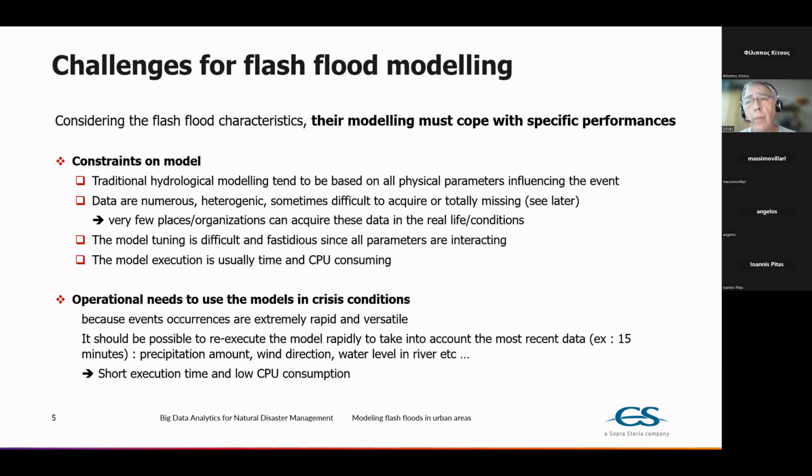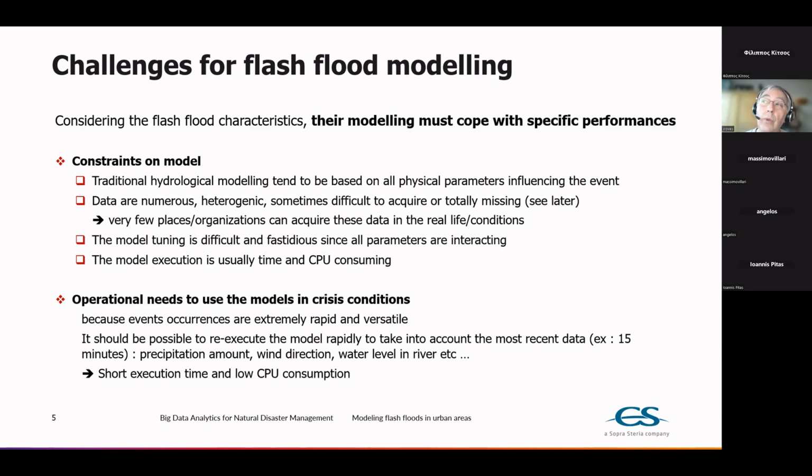And that is very significant, very important data you have to input in your model. If you're able to rerun your model every 15 minutes, you are sure that you have the latest and the best input data to run your model.